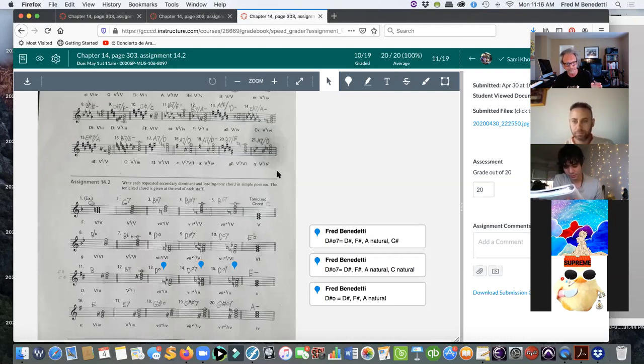Meaning, from example number 6, once that A flat was introduced, that A flat has to be there all the way across. In the one in D major, you added a B sharp. That B sharp has to be there all the way across. So as soon as you had a D natural, something was wrong on the chart.